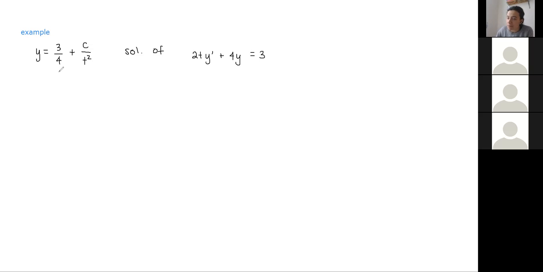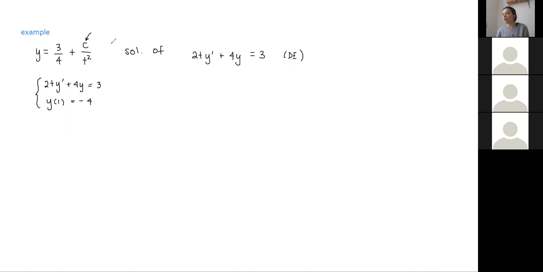So we had that this type of function was a solution of this type of problem, right? This was a general solution because it still has a constant that is not fixed, whereas this is just my differential equation. What I'm going to ask you to do now is to solve the initial value problem, where 2 times t times y prime plus 4 times y is equal to 3, and y of 1 is equal to -4.